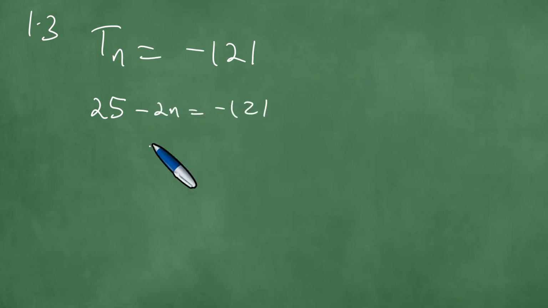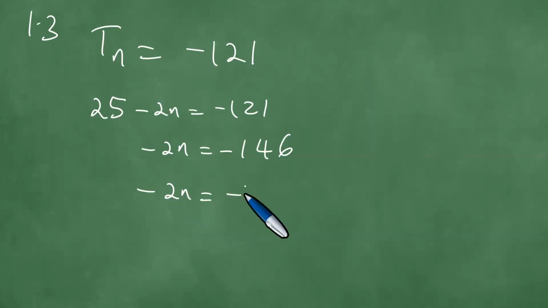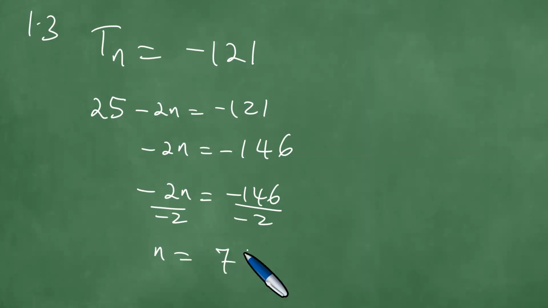25 minus 2n equals minus 121, which means you bring a 25 across, which is minus 146. Minus 2n equals minus 146. You divide by minus 2 like this, which means n is what? n is 73.